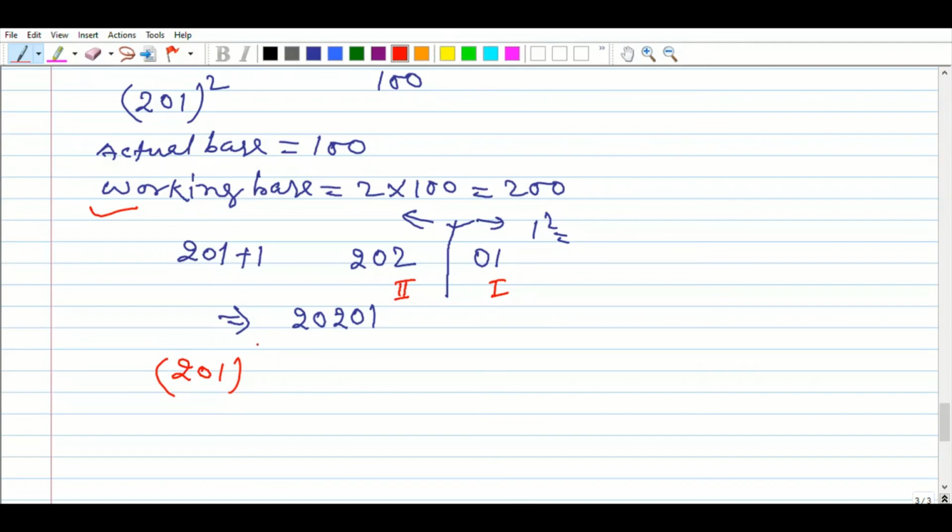You see, 201 square is equal to 202 into 2, and 01 separate.